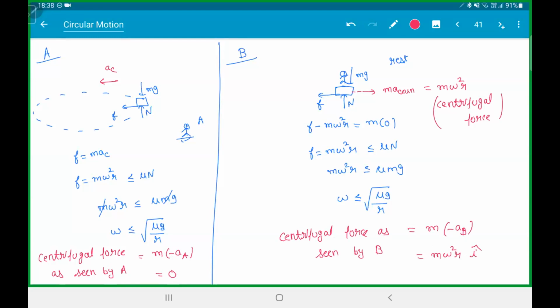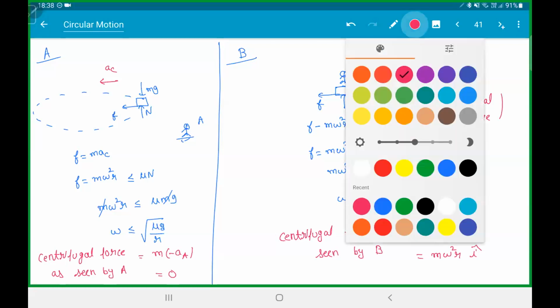So even A will have a centrifugal force, but that is 0. So instead of thinking in terms of centrifugal force, think in terms of pseudo force. You'll understand better. Clear? Now look at C and D.